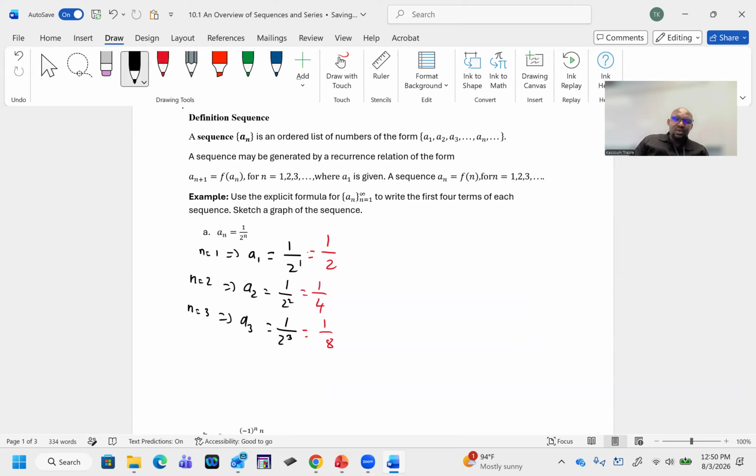If n is 4, A sub 4 will be 1 divided by 2 to the power of 4, which is 1 over 16. And this continues. These are the first four terms. So that means the first four terms are what? 1 half, 1 over 4, 1 over 8, 1 over 16. But this will keep going.